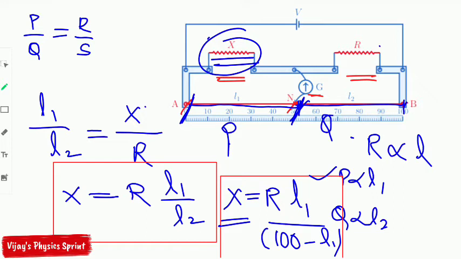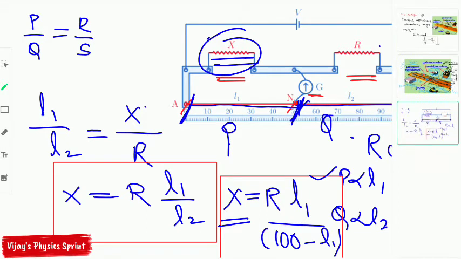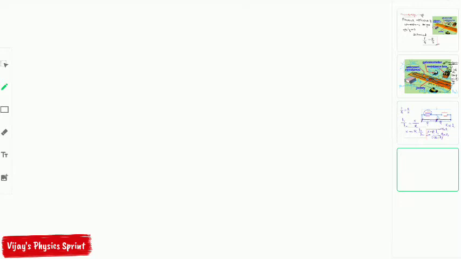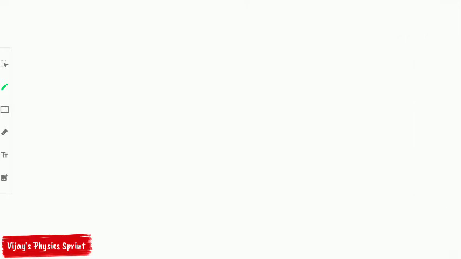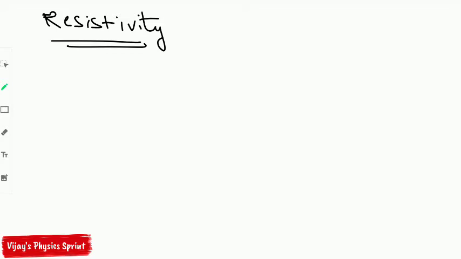And how do we calculate the specific resistance, or resistivity, rho?